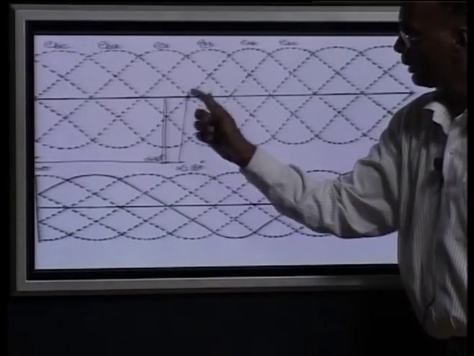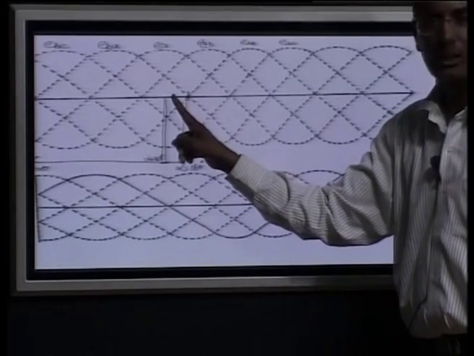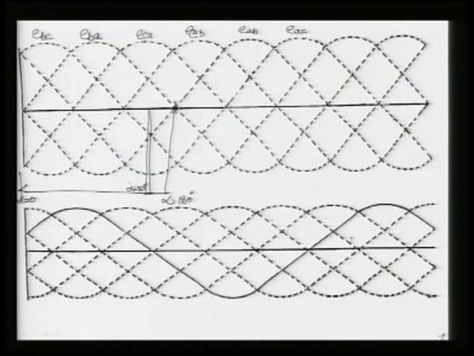So this is 60 degree and half of this is 30 degree. 180 minus 30 is 150 degree, it will lie here, and this is a cross section here, 30 degree. Now we give a firing pulse at this point, and valve 3 is going to be fired.